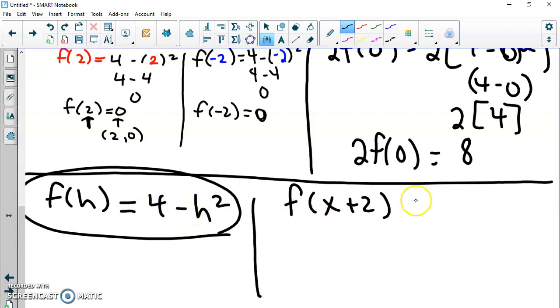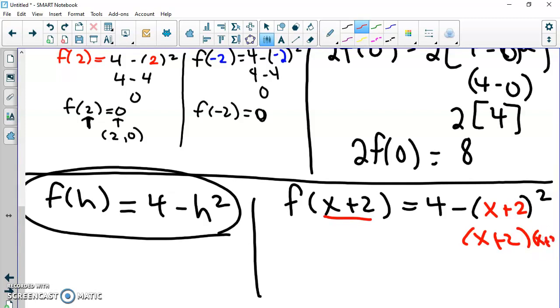f of x plus 2. 4 minus x squared. We are replacing x with a whole new expression, x plus 2. (x plus 2) squared is the same thing as (x plus 2) times (x plus 2). I'm running out of room.